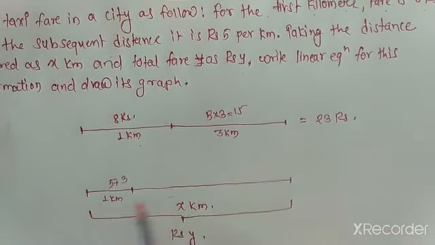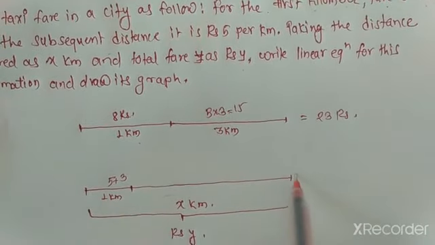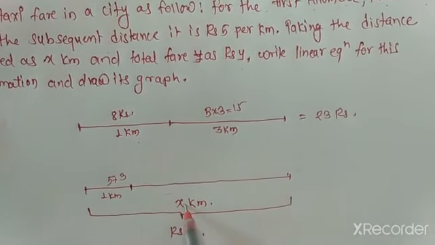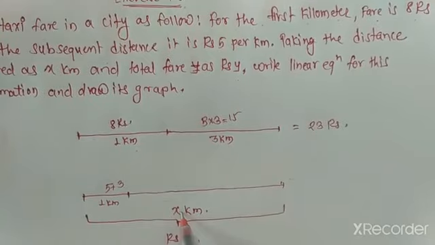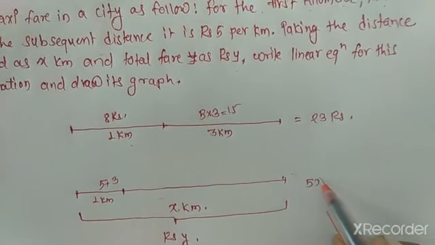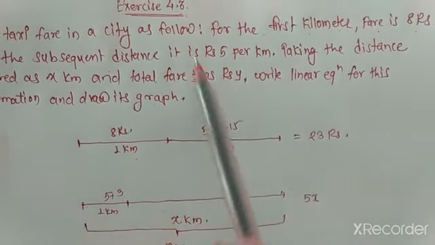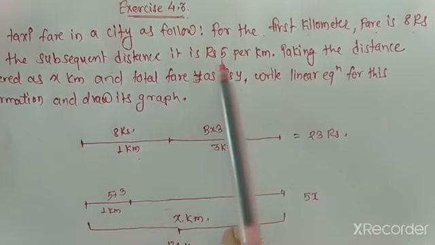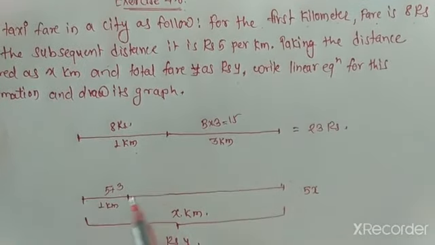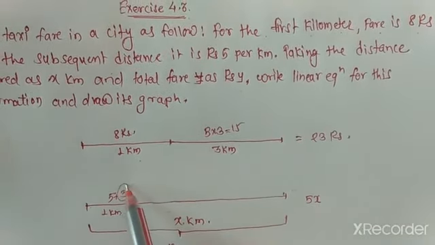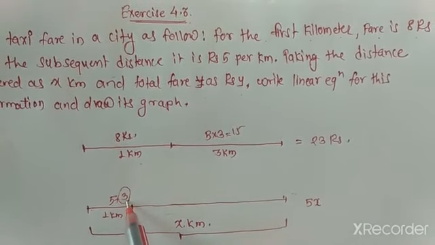If he covers x kilometers, its total fare will be 5x, because the subsequent distance is 5 rupees per kilometer, and for the first kilometer he takes 3 rupees extra.